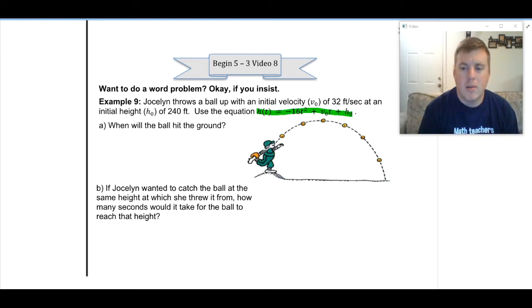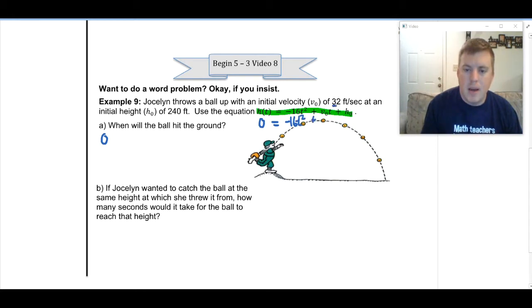Now if you think about the ground, that is where you are 0 feet above the ground. So our height that we want to look for is going to be 0. So we are going to plug in the 0 into the formula for h(t). I'll do this over here first. Then I'm going to have -16t^2.